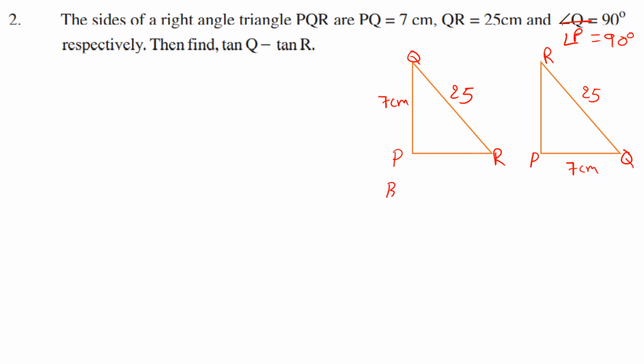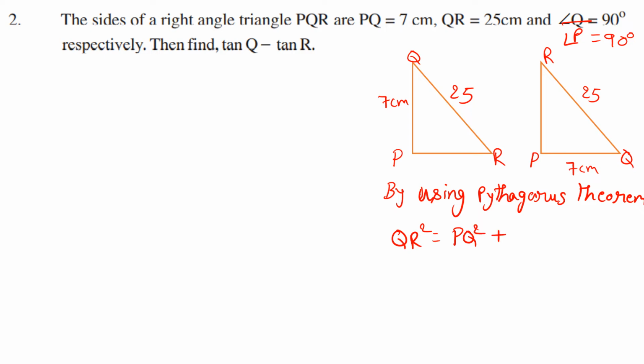So by using the Pythagoras theorem, right? So what is the Pythagoras theorem? QR square equals PR square plus QP square, right? So QR square equals PQ square plus PR square.